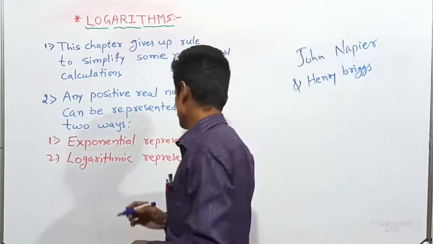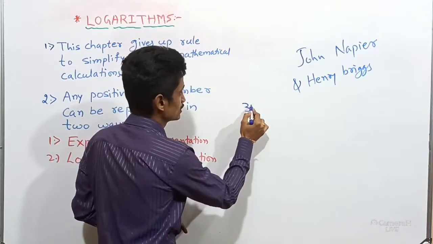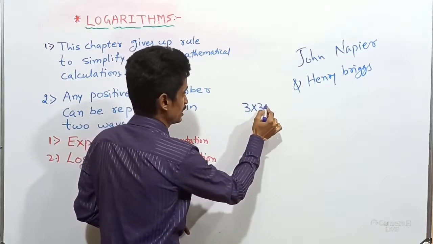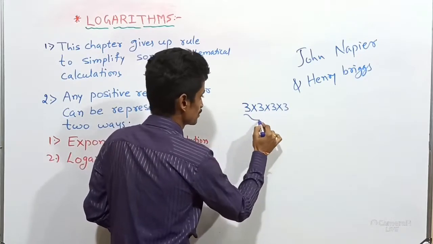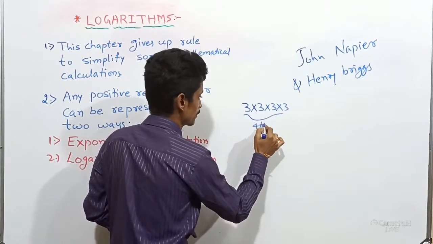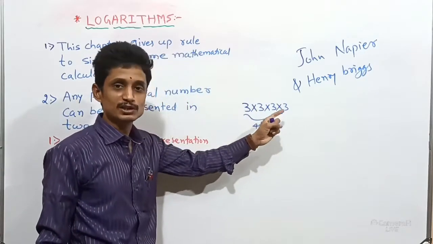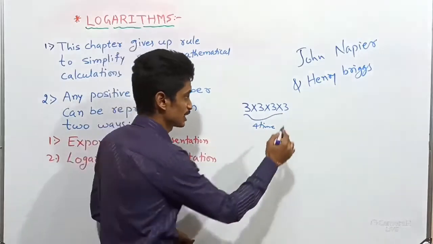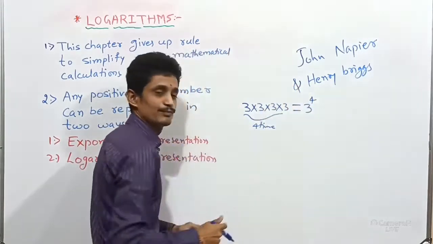One example I will take: 3 into 3 into 3 into 3. How many times have I taken it? 4 times, the same number. 3 is repeated 4 times, so symbolically we write 3 power 4.